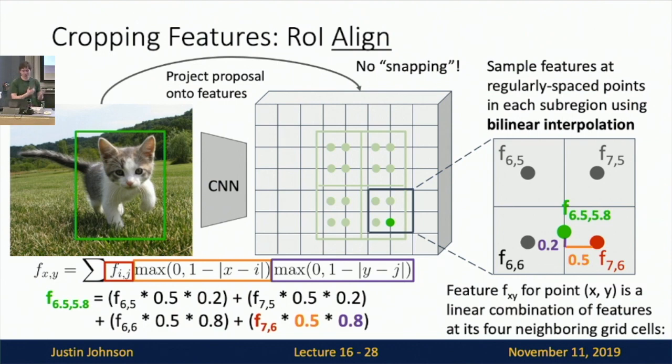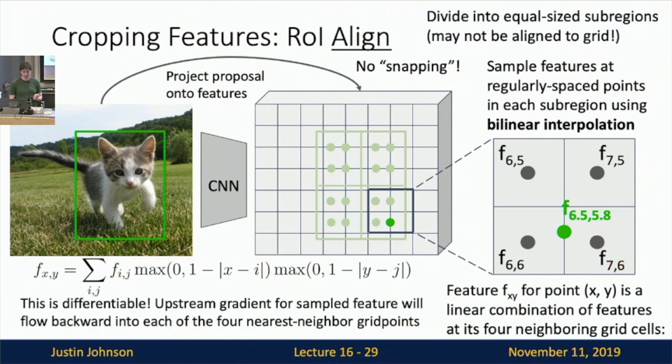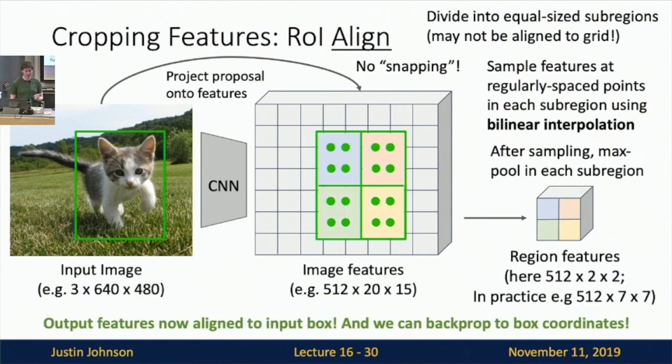Because the real valued position of the bounding box was used to determine the spatial position at which we were going to sample, we can backpropagate all the way into the coordinates of the bounding box that we received as input to this RoI Align operation. So this is a differentiable operation that we can backpropagate through very nicely.